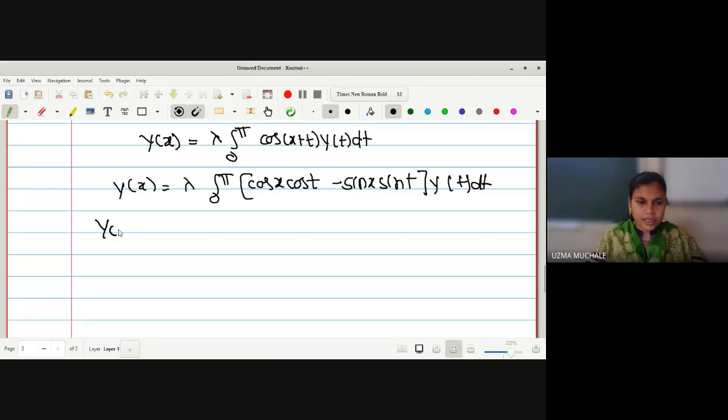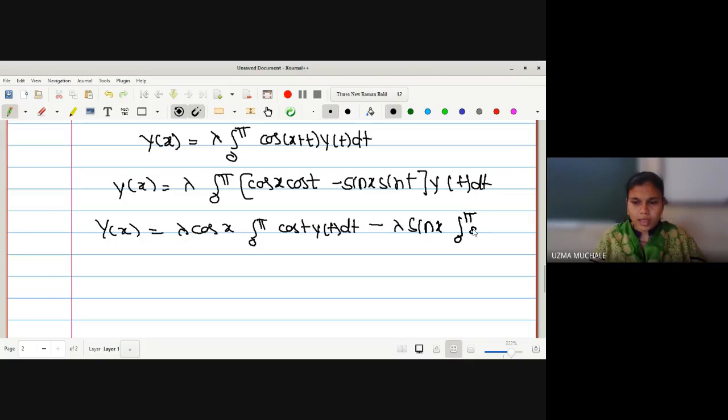What is the next step? We have to put the terms of x outside. Lambda cos x integration 0 to pi cos t y of t dt minus lambda sin x integration 0 to pi sin t y of t dt.